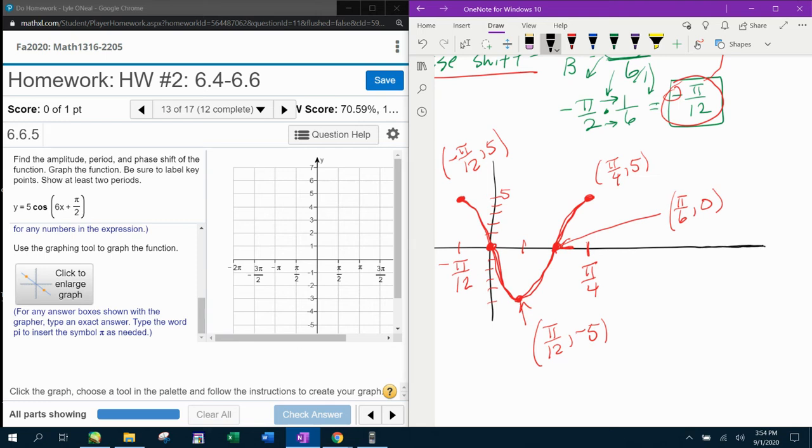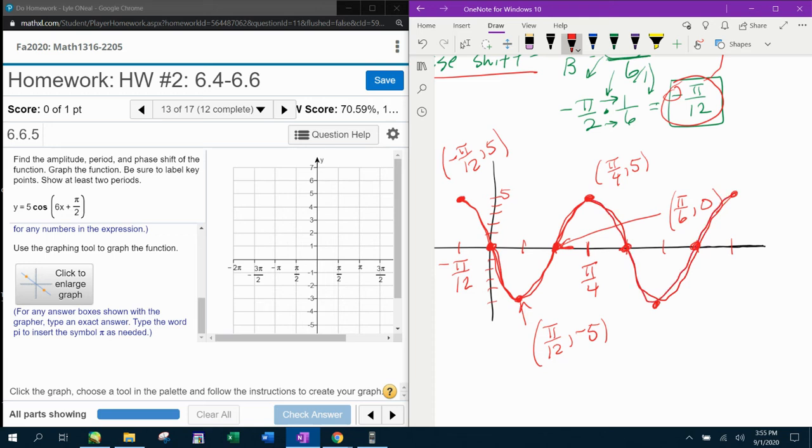Okay, so let's stretch this out. So we would go 1, 2, 3, 4, and continue the pattern going down, down, up, and up. And then you just make another cycle, like so, okay?